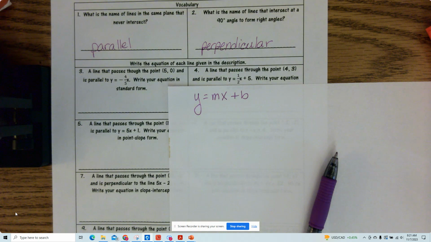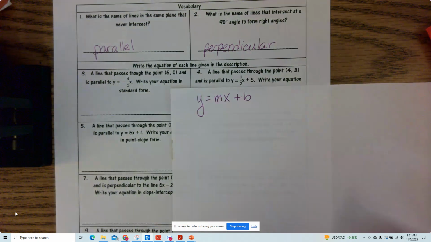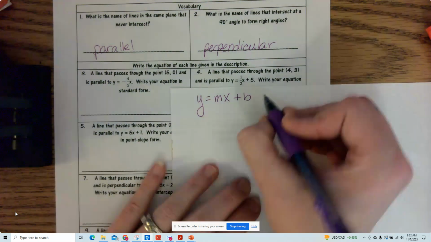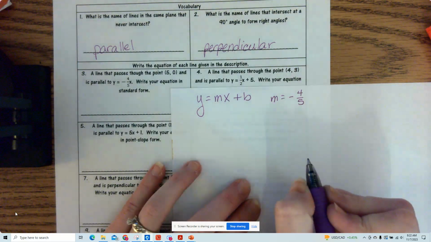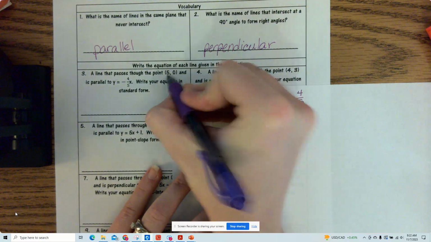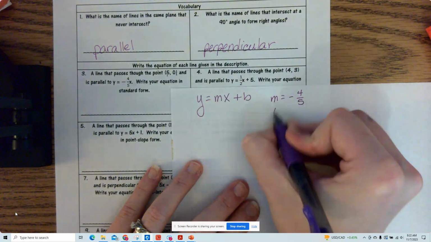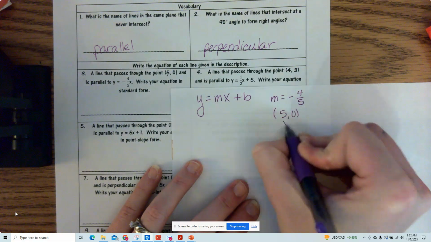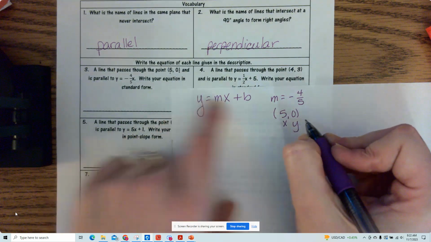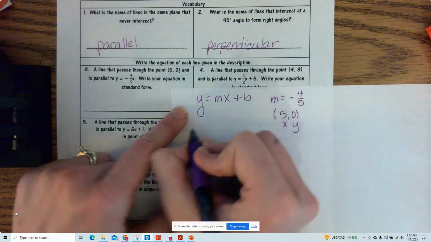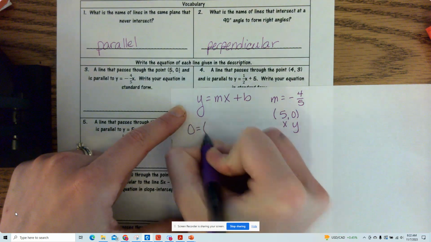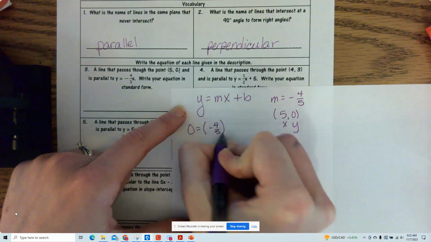Okay. So what we know, M is negative 4/5. X is 5, Y is 0. We've got this ordered pair. So I can fill in all these blanks and I can find my y-intercept. So Y is 0. M is negative 4/5.